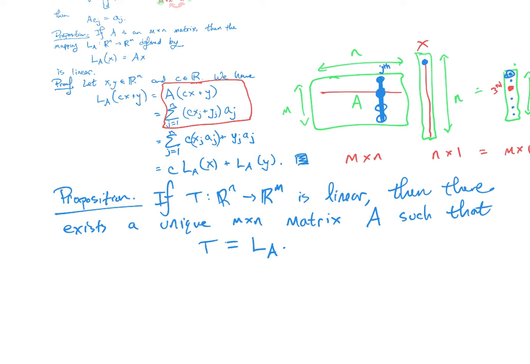Okay. Does this ring bells? Any? Yeah, this is familiar. Good. So, I mean, you combine these two results and you say, okay, for any matrix, it defines a linear transformation.